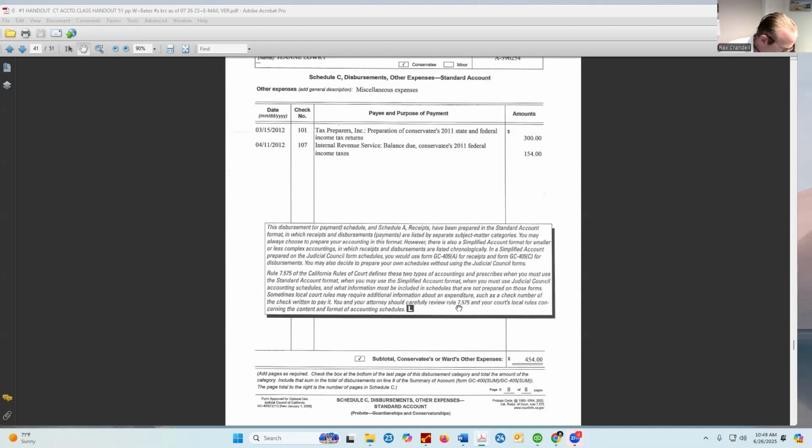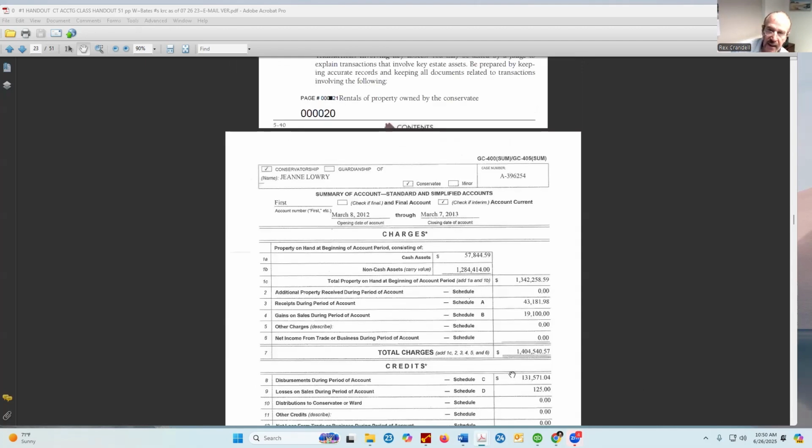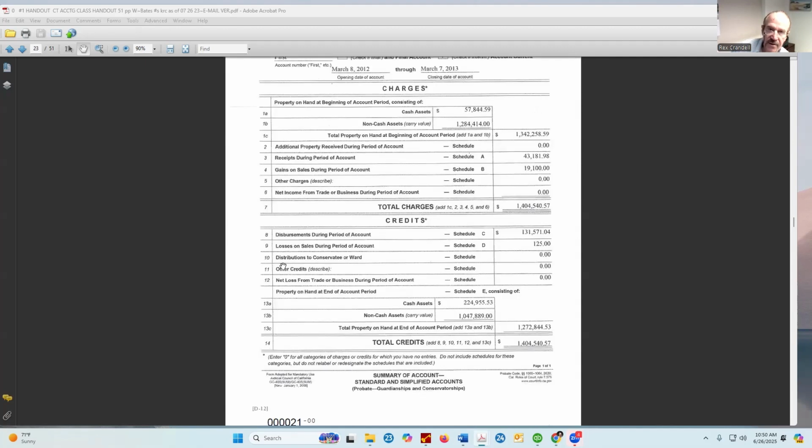So at this point, we're on the disbursements C, page C. We're on 8 of 8 pages, so we're done with the disbursements, so we need to bring them back to the GC 400 sum, back where we were before, on page 21, and we're listing all the disbursements on line 8 of the GC 400 sum on the materials, page 21.